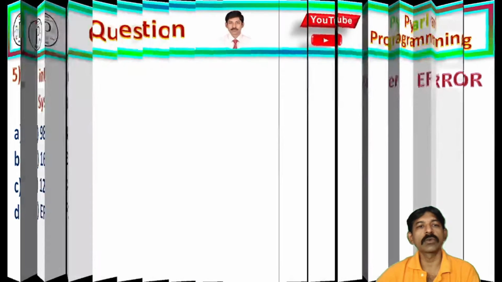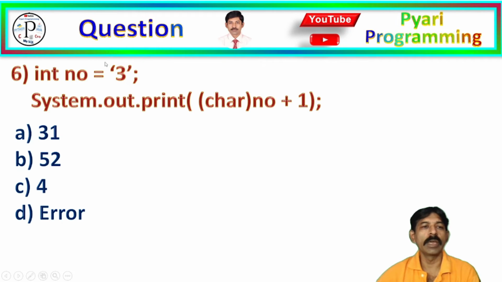So what is the next question? Next question is int no is equal to 3, System.out.print char. It is called explicit type conversion. Now character 3 is assigned to no. So there should not be any error because one character is available in the form of integer, which is given in quotes.